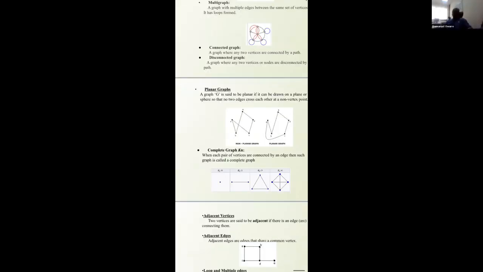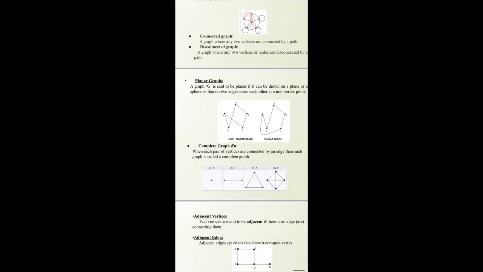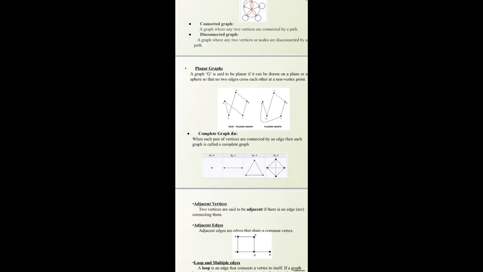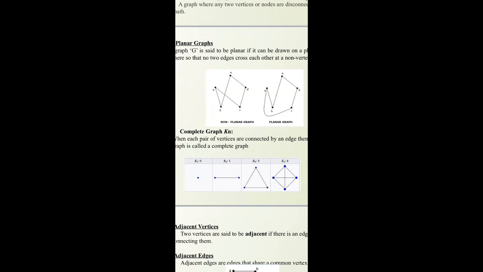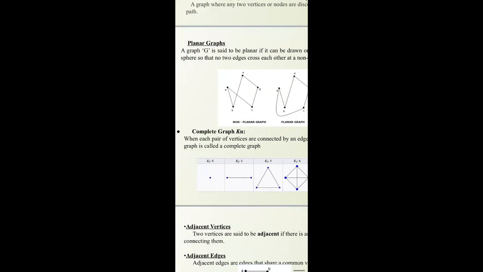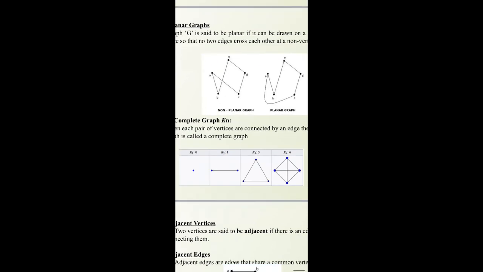Next is complete graph, which is represented by Kn. When each pair of vertices is connected by an edge, then such a graph is called a complete graph.